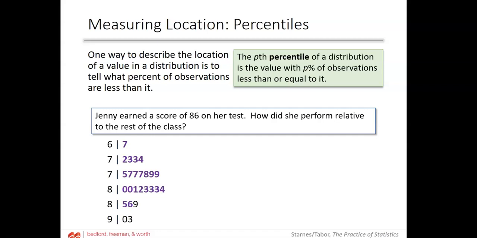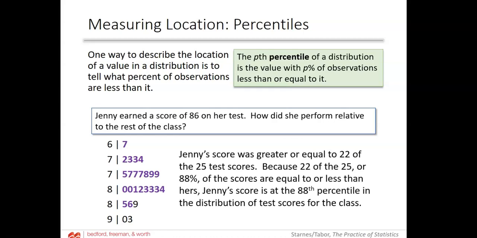What you would do is identify that 22 out of the 25 are less than or equal to her score. So if you do 22 divided by 25 in your calculator, you get 0.88 or 88%. And so she is in the 88th percentile. She is as good or better than the vast majority of people in our class. There's a few who are better.